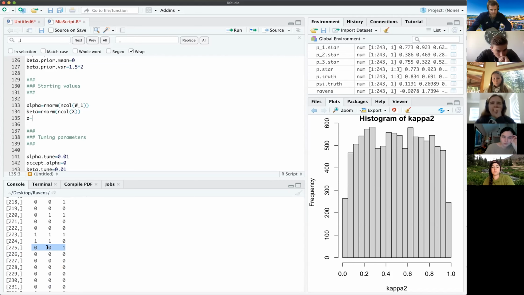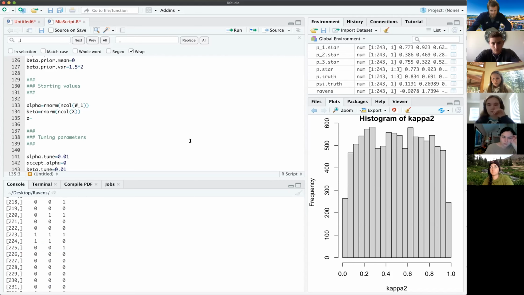So we can find the max. Let's see. If this equals 1 anywhere, we want z to be 1.